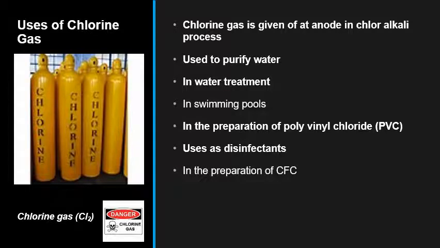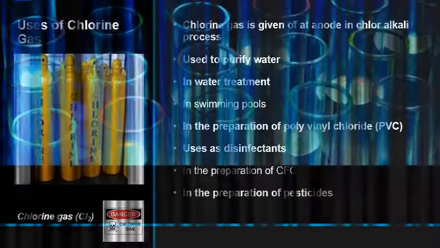And in the preparation of chlorofluorocarbons, this chlorine gas is used. And in the preparation of pesticides also, it will kill pests, white ants and all these pests. It has a capacity to kill, so it is used in pesticides.